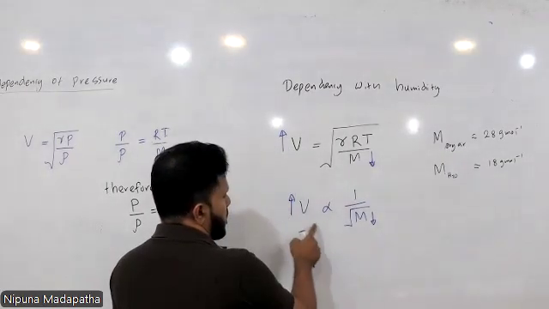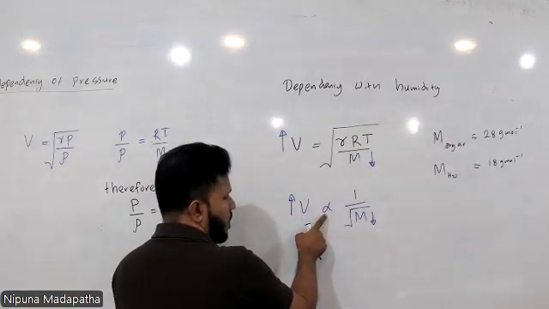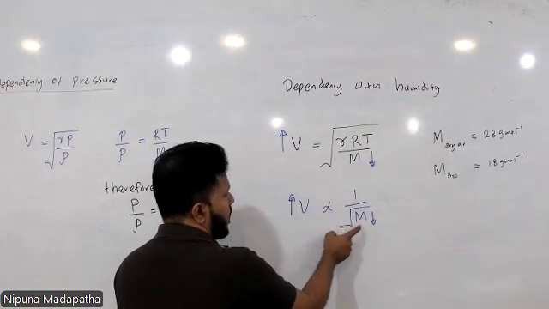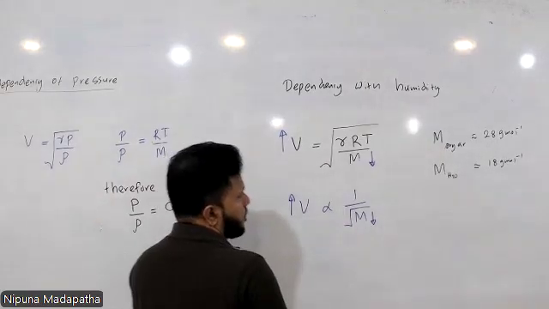Right. So you can write down this. V is inversely proportional to the square root of molar mass.